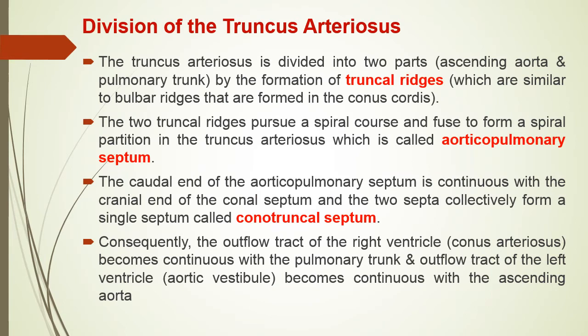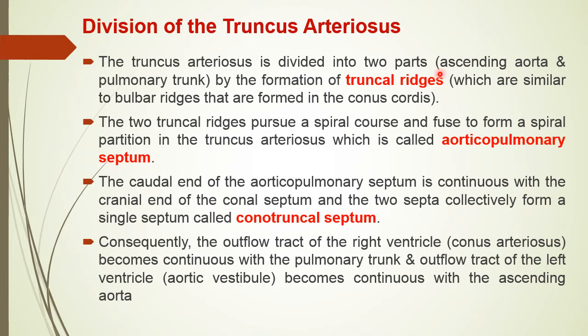Truncus arteriosus, in the beginning I told you, is divided into two parts by a septum which is called aorticopulmonary septum, because the truncus arteriosus becomes divided into the pulmonary trunk and ascending aorta by the formation of the septum, and the septum is formed in the same way as is formed in the conus cordis.